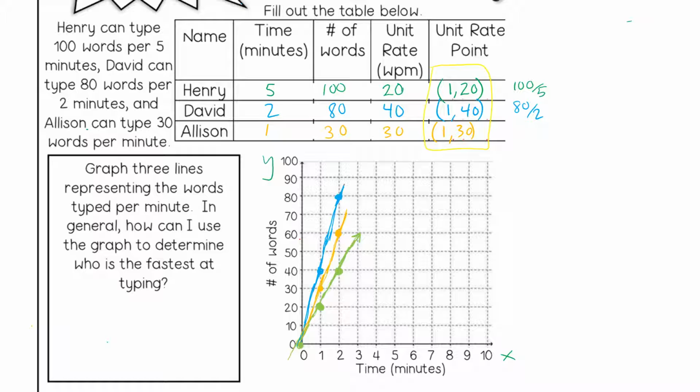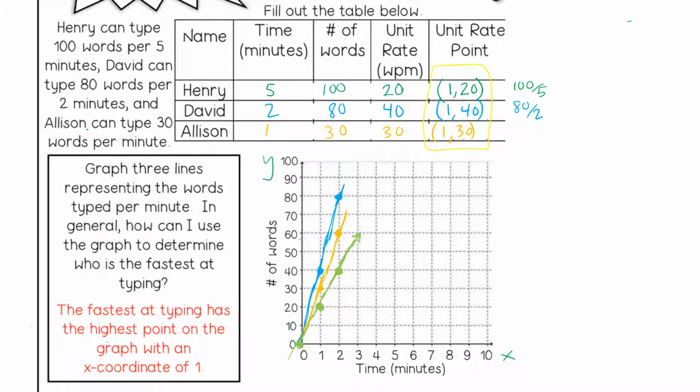And so back to the question, how can I use the graph to determine who is the fastest at typing? Well, the fastest typing has the highest point on the graph with an x coordinate of 1. So I'm looking at this area right here, an x coordinate of 1. Who is the highest? Well, that's David.